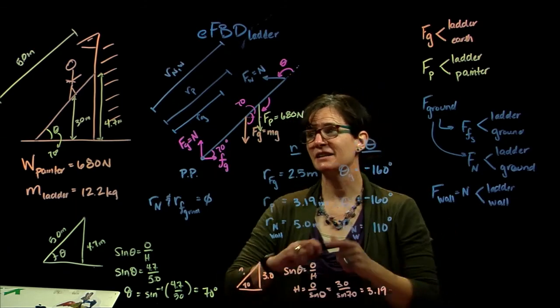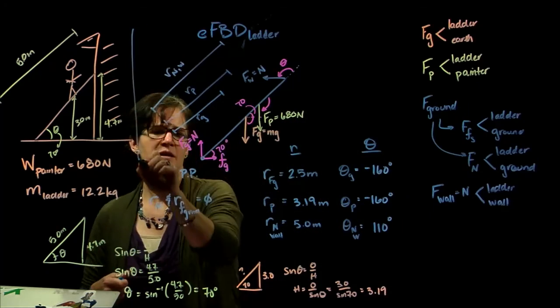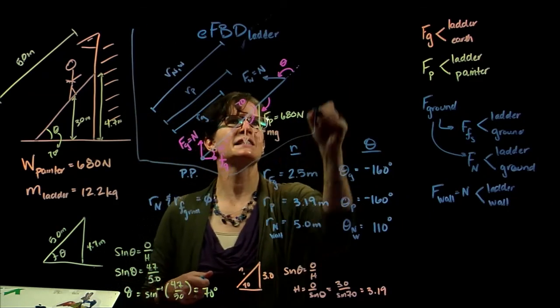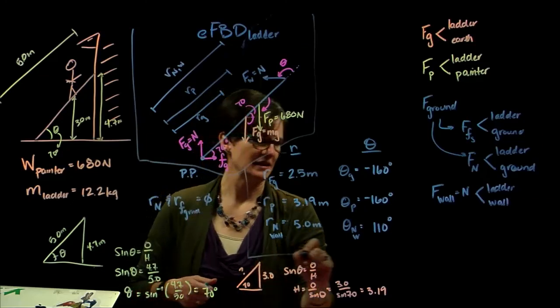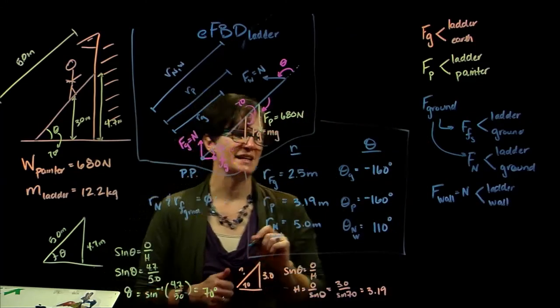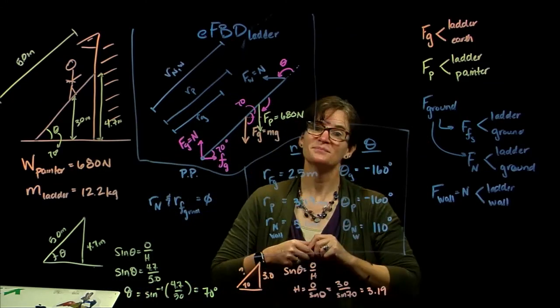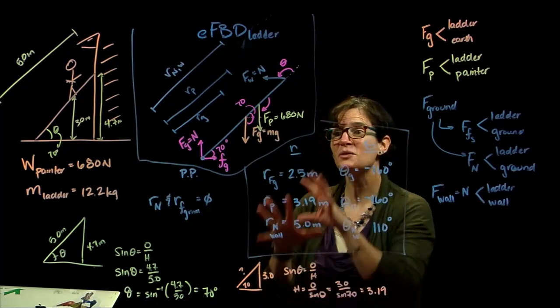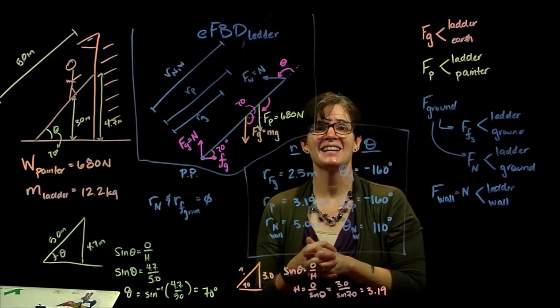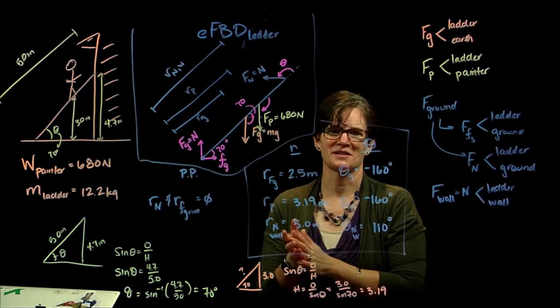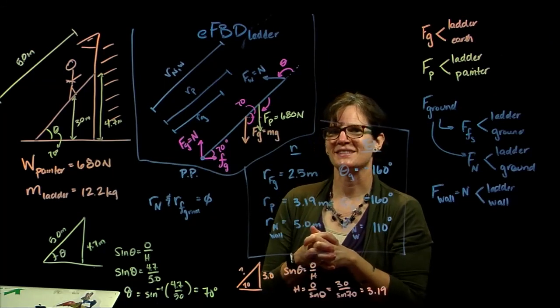Okay, so our extended free body diagram looks like this. And then we have to identify, of course, all the radii and the angles. All right, we're going to use this process to analyze statics and net torques on an object to get those rotations. Good job.